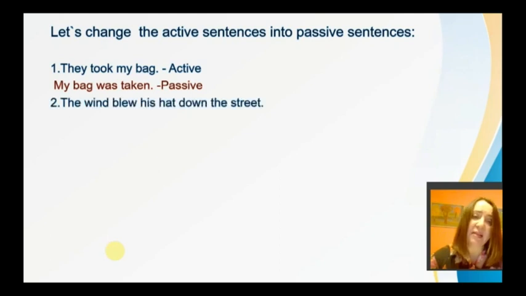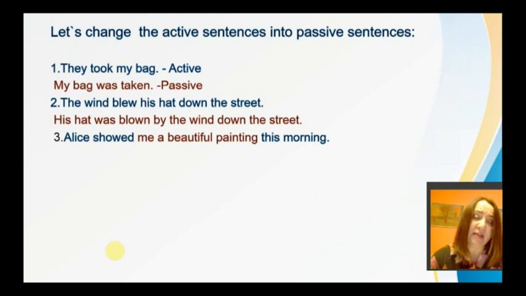The second sentence is, the wind blew his hat down the street. 15 seconds for you. Okay, the solution is, his hat was blown by the wind down the street.